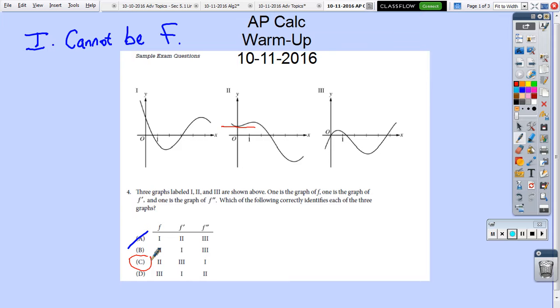Therefore, not only can it not be f, but it couldn't be f prime, because neither one of these would be f triple prime. So you have to look at these individually, and you'd be done like that. It would have to be f triple prime.